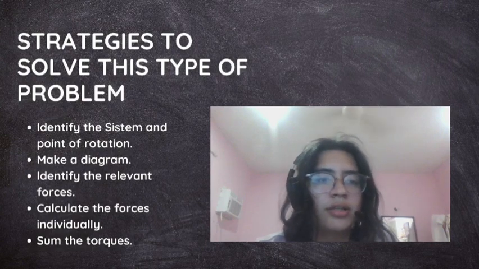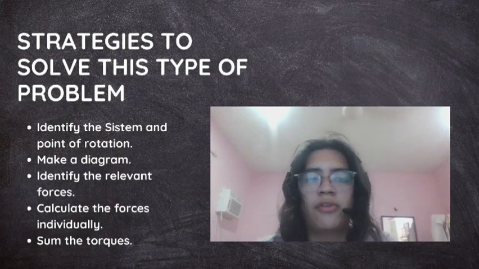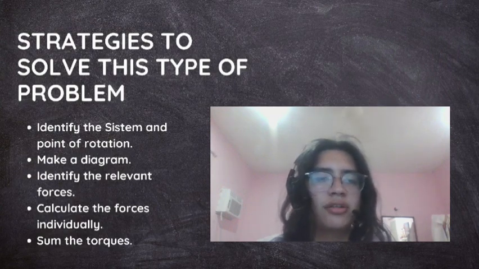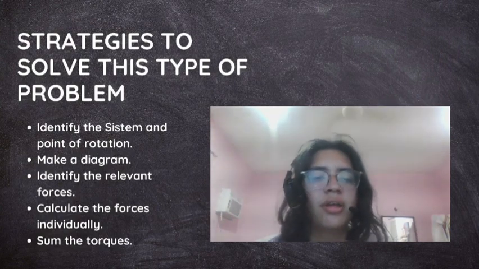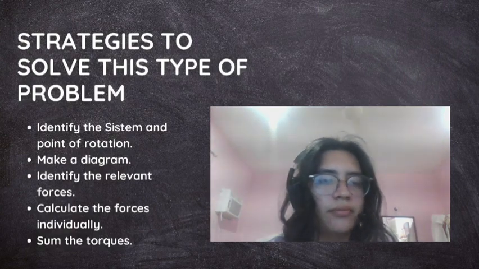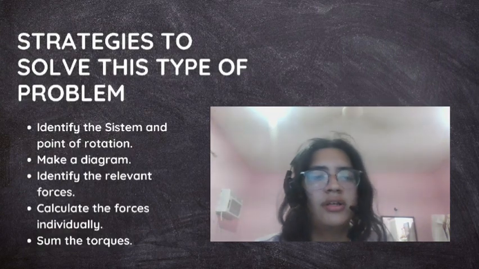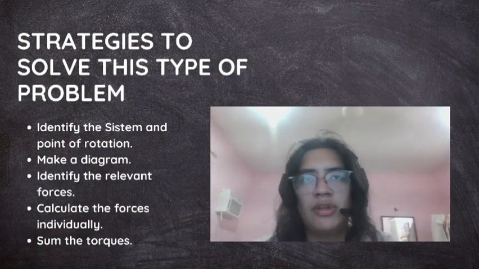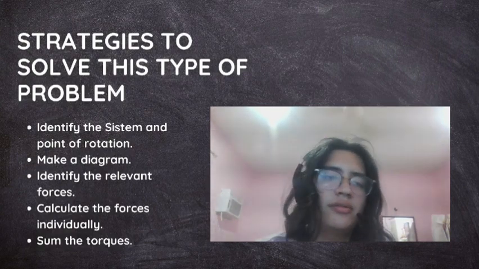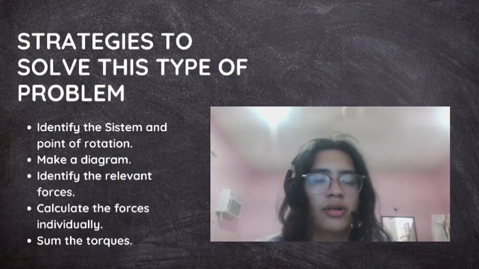Third is to identify the relevant forces, because on some occasions there are forces that are not necessary in our diagram. Fourth, we need to calculate the torques individually. And the last one is to sum all the torques.